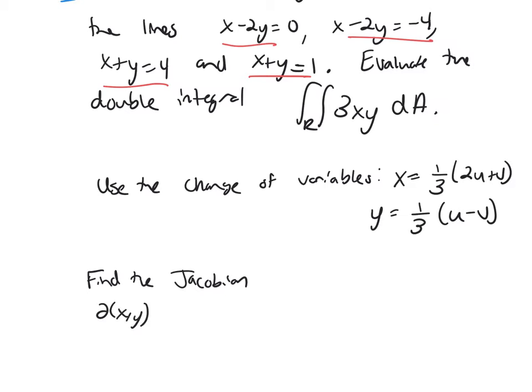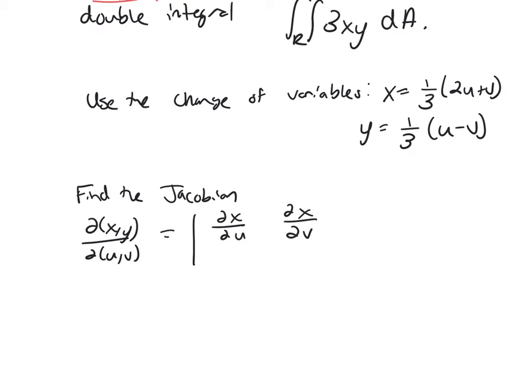Let's find the Jacobian, partial of xy with respect to uv, right? The partial of x with respect to u, partial of x with respect to v, the partial of y with respect to u, the partial of y with respect to v. So here, the partial of x with respect to u would be 2/3.